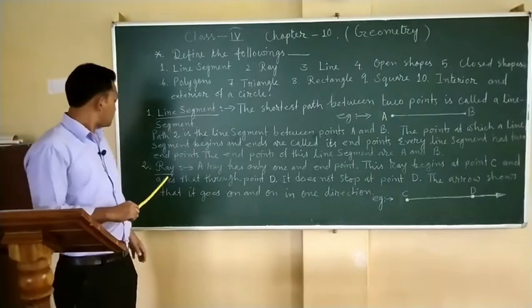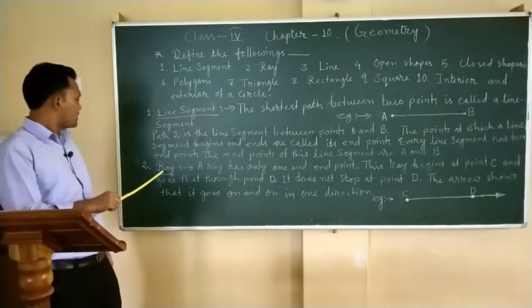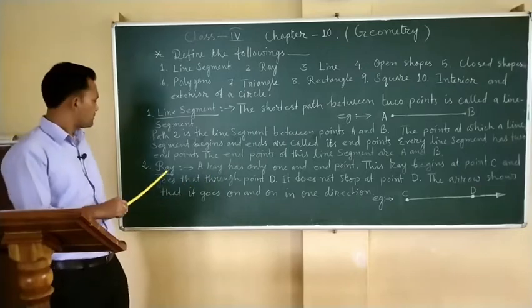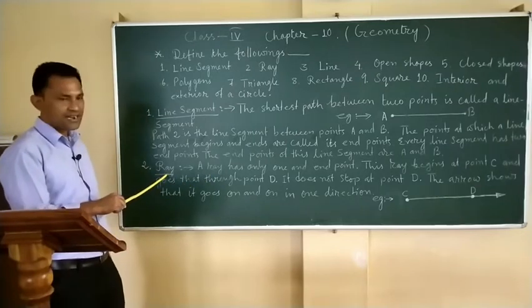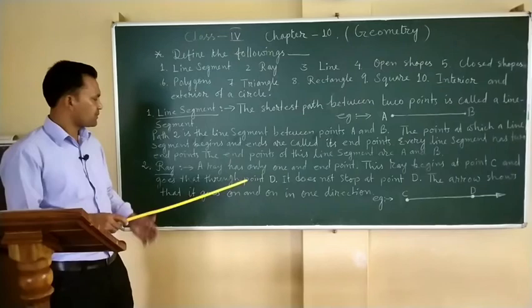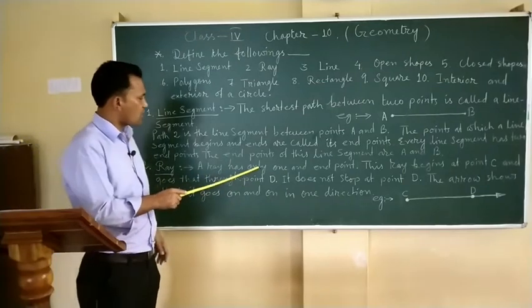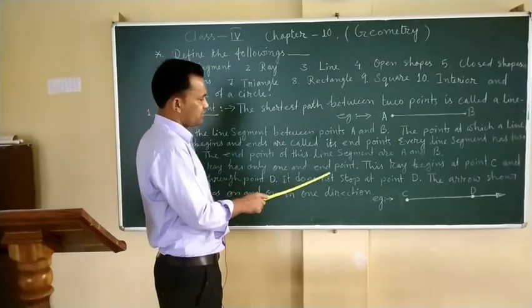So next we will discuss ray. Second number here is ray. What is a ray? A ray has only one end point.